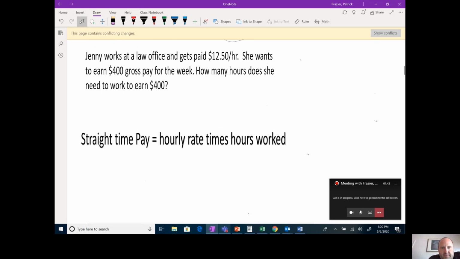Jenny works at a law office and gets paid $12.50 an hour. She wants to earn $400 gross pay for the week. How many hours does she need to work to earn $400?